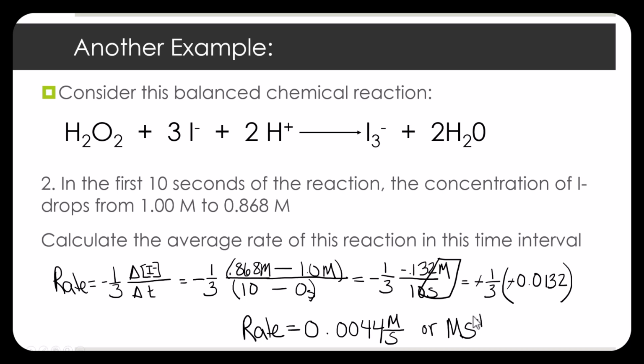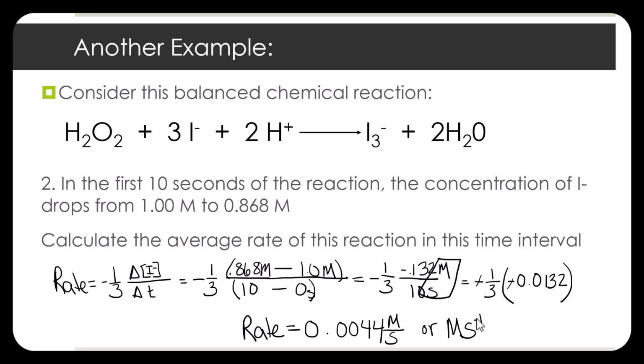So if you see these negative exponents on the units, that's what they're telling you. This is something you will see quite often in this chapter, so I just want to make you aware of it. But the answer to this question is rate equals 0.0044 molarity over seconds, or molarity seconds to the -1. Same thing.